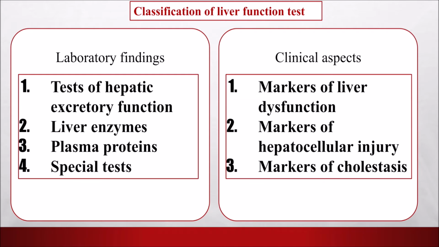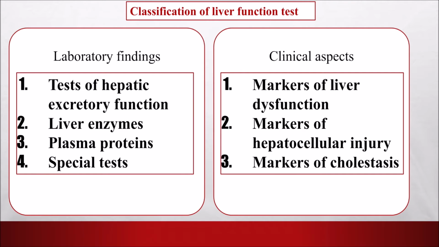The laboratory findings include tests of hepatic excretory function, the tests of liver enzymes, the tests for plasma proteins, and some special tests. The tests to assess the clinical aspects include the markers of liver dysfunction, markers of hepatocellular injury, and markers of cholestasis.